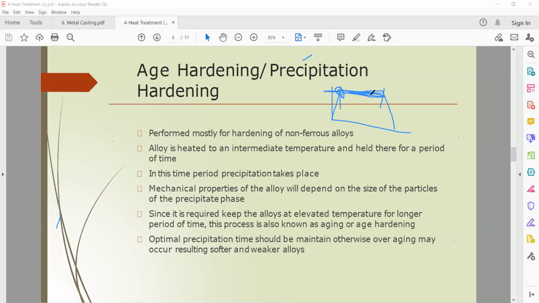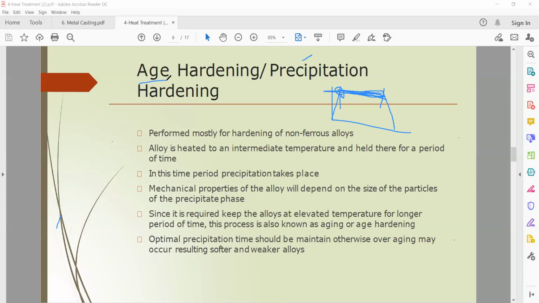You are keeping that form for a specific time period. In that time period, what happens is precipitation takes place, right? Since it is required to keep it for a long time period, it is known as age hardening.